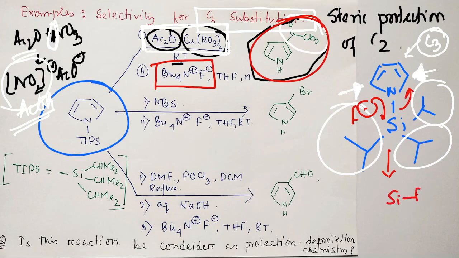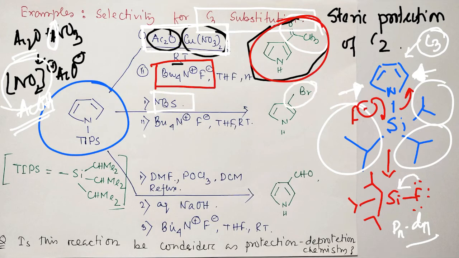Because this silicon-fluoride bond energy is pretty high, because of back bonding, meaning 2p pi-d pi back bonding. Okay, so this is donated to the vacant d orbital of silicon, and that gives this bond very good stability. That's why it breaks. Fine. So in a similar way, like NBS, as I discussed previously, first bromination on this C3 position, followed by the removal of TIPS to get the 3-bromo derivative.